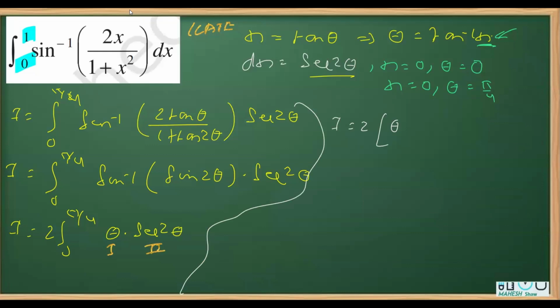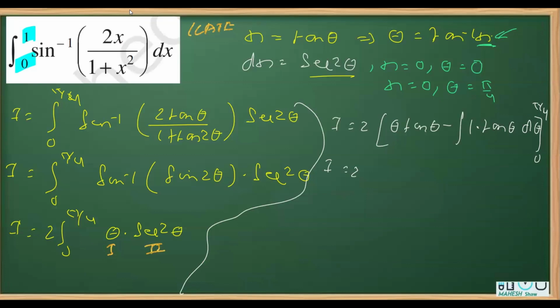Integration of sec square theta is tan theta, minus the integration of d by d theta of theta, which is 1, multiplied by the integration of the second function, which is tan theta, d theta. And we will place the limits at the end, which are 0 to pi by 4.